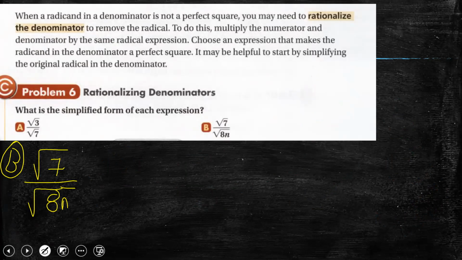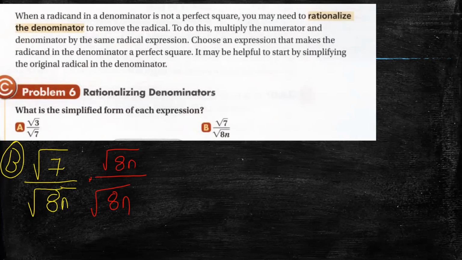Square root of 8n. So I have to multiply now by square root of 8n, and up here we also have square root of 8n.